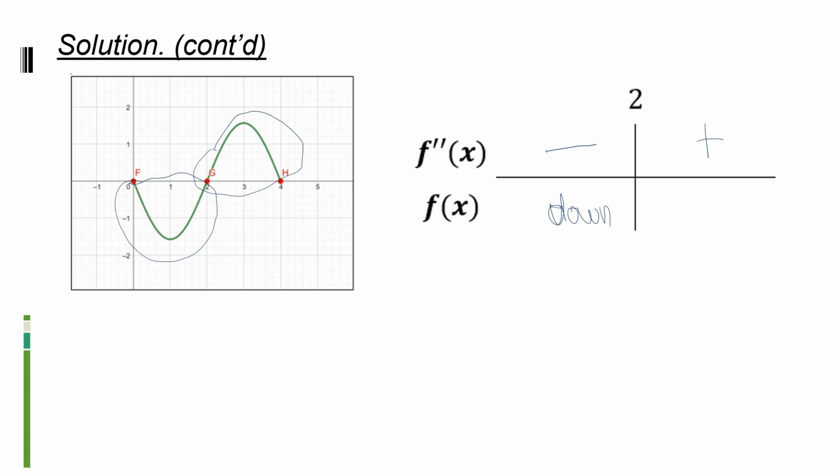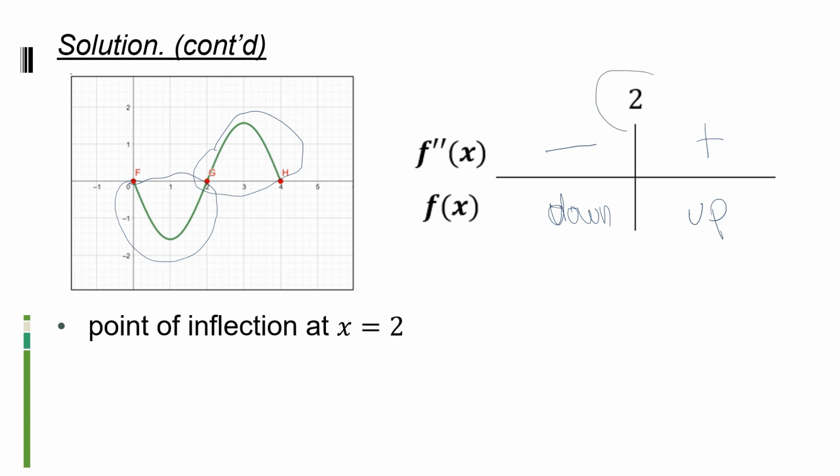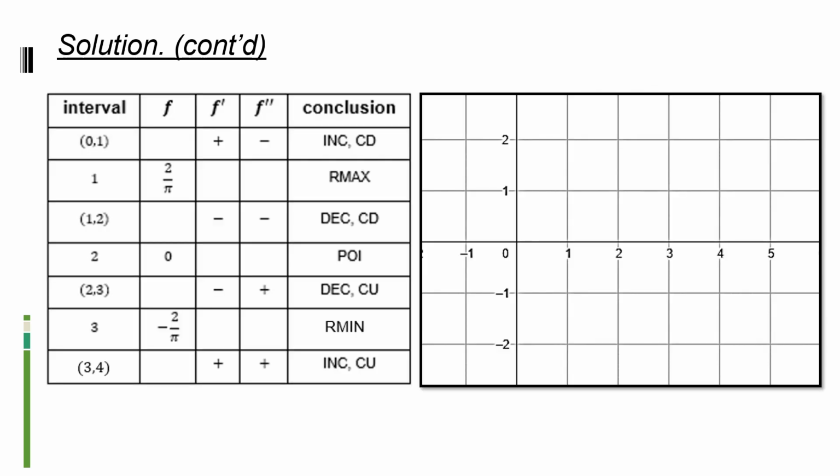And from 2 to 4, f of x is concave up. And we have a point of inflection at x equals 2 because there is a change from negative to positive. With that information, which I summarized in this table, we can now graph the function.